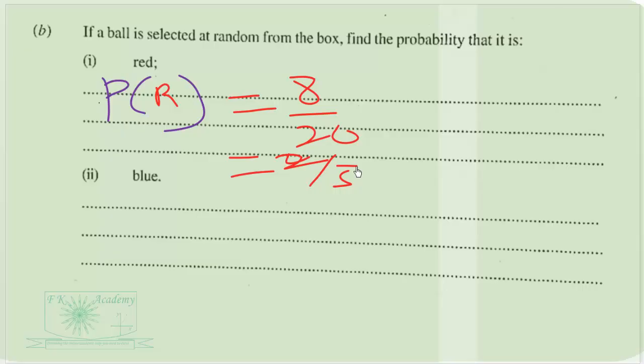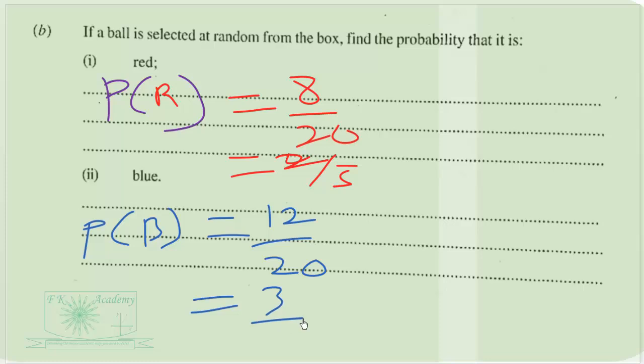Then we have the probability of blue balls, which will be equal to 12 over 20, and that will give us 3 over 5.